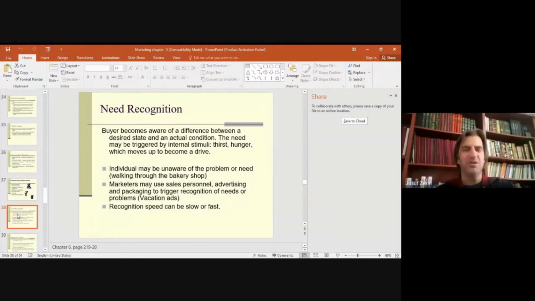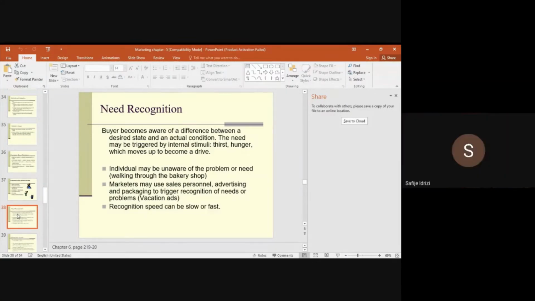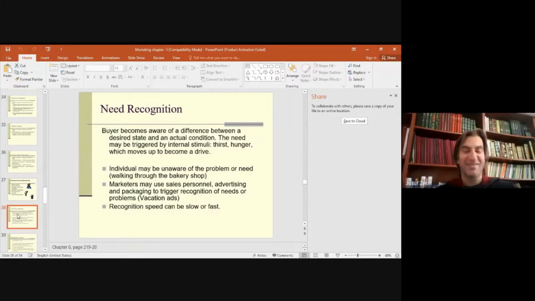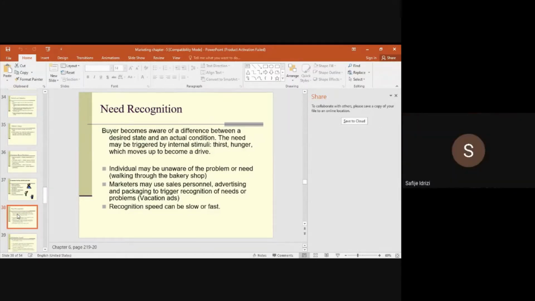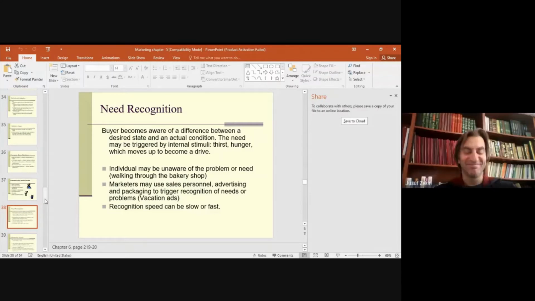Even though you don't need to wear 10 pairs of shoes, when you see a nice and fancy promotion, you say, wow, I need to have such shoes. We always need shoes. You always need shoes, right? Yes. Mhm.